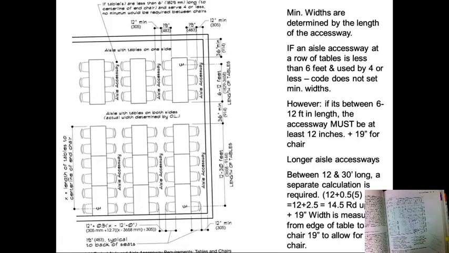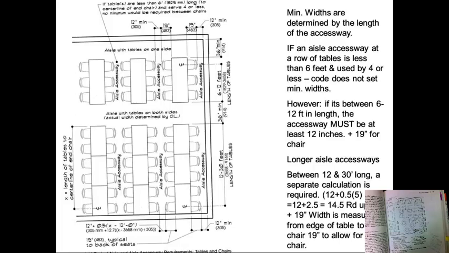Okay? If an aisle accessway at a row of tables is less than 6 feet, is used by 4 or less, code does not set minimum widths. Okay? Normally, of course, we say 12, you allow 12 inches here between the back of the chair and the back of the chair, and you allow 19 inches, okay, for someone to be able to sit there.